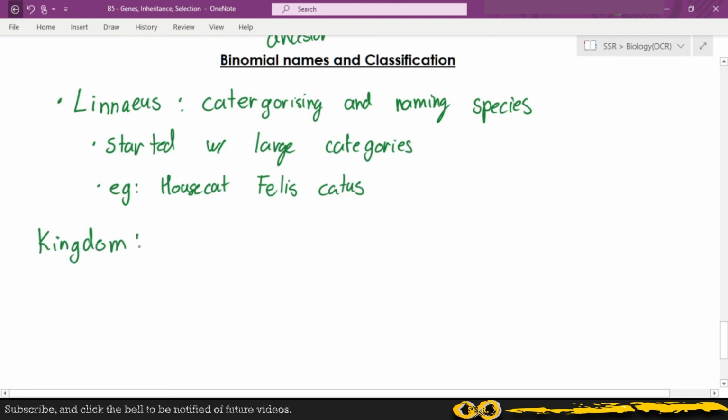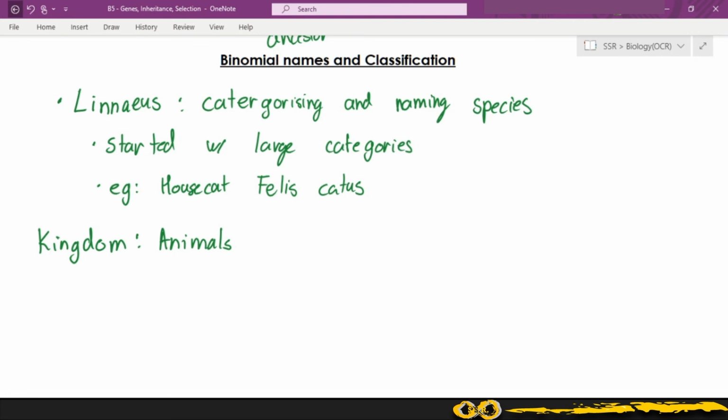If we think about what kingdom the cat belongs to, well, it belongs to animals. And next we want to think about what kind of subcategory of animal this is, and cats are animals that have a spinal cord. So they're divided into the next group, which is called a phylum.